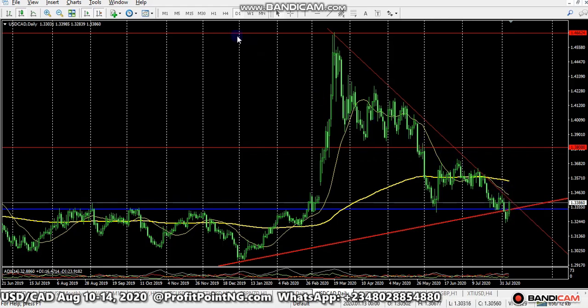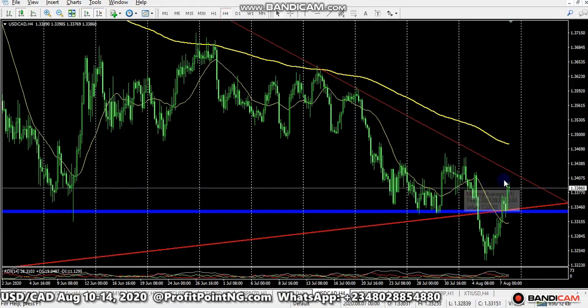However, if we see the pair retrace down, and for the second time, because of the closeness of the frequency here, it breaks again below the demand zone, then we are sure that we can follow that bearish movement.